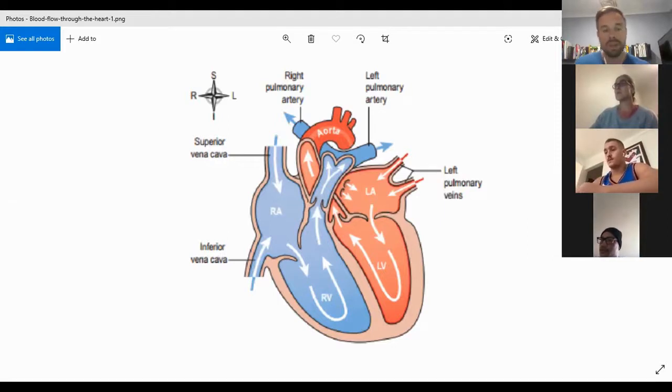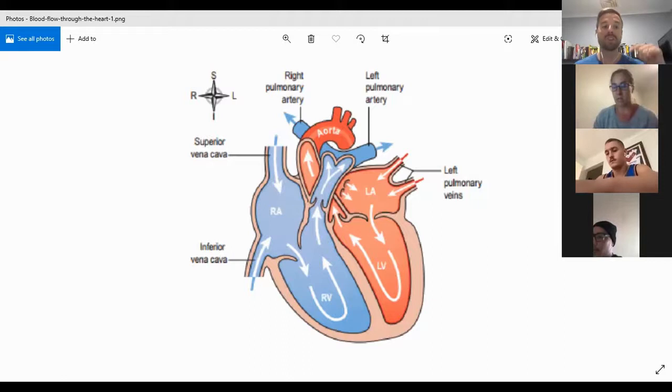Okay. Number two is what we call the superior, because it's at the top of the heart, vena cava, V-E-N-A, C-A-V-A. The role of these veins, because they're blue, is to bring blood that has no oxygen back to the heart.